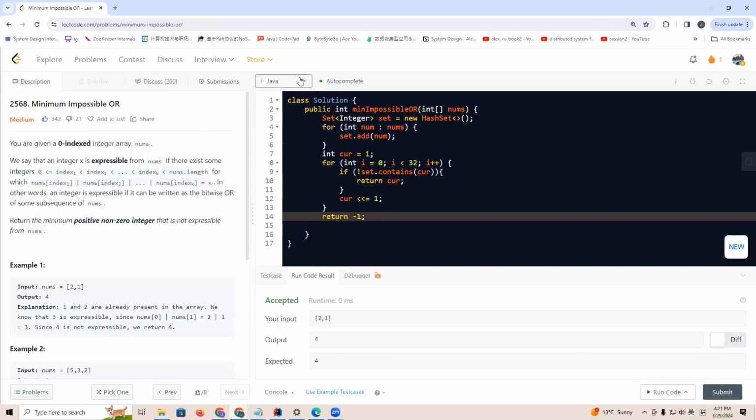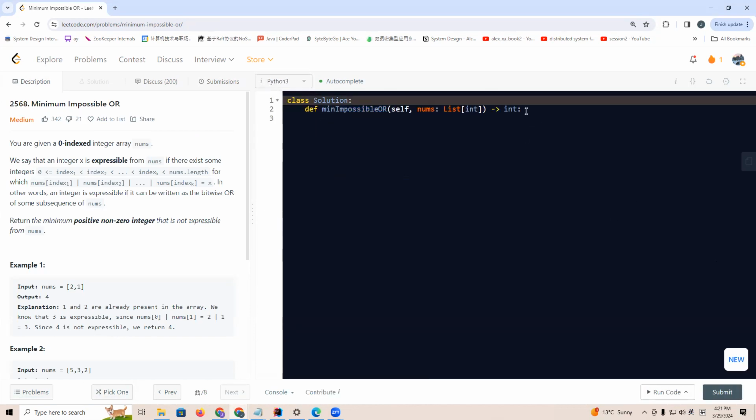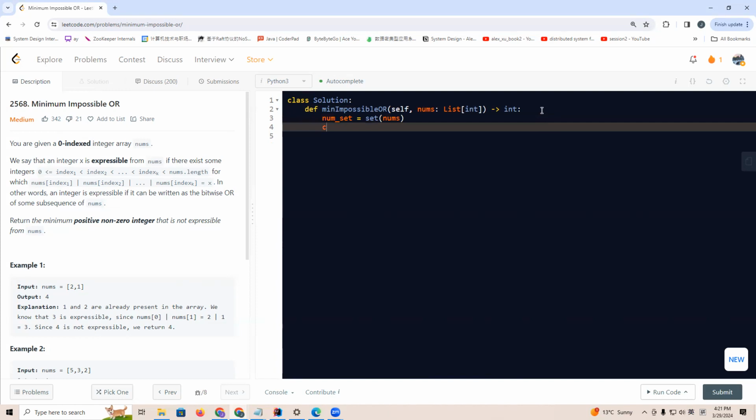Let's convert this to Python. We can use num set equals set of nums, and current equals 1.